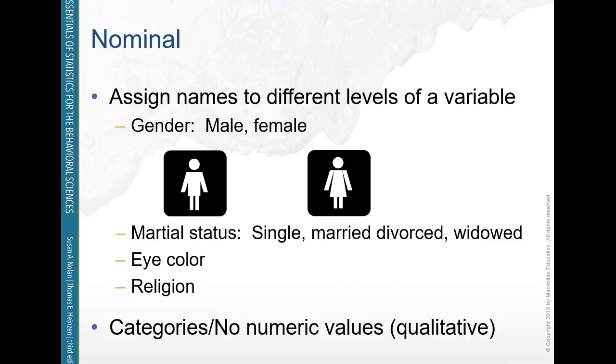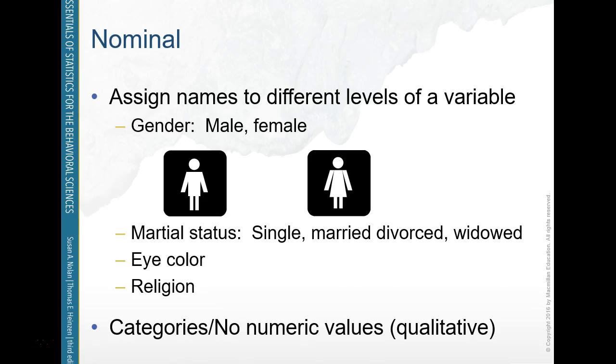There's no numbers associated with these categories, they're just words. What is your major in college? Psychology, anthropology, biology. You're collecting data, and the data you're collecting is words.